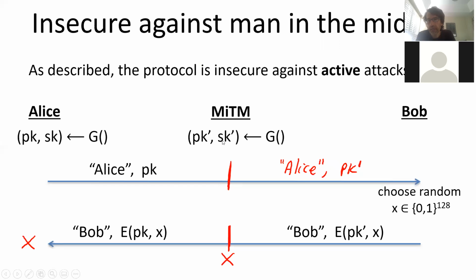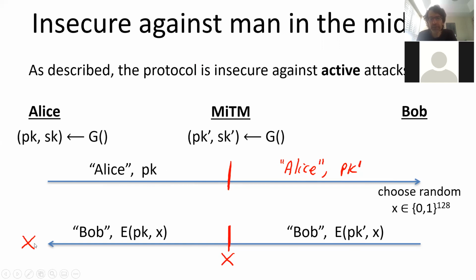Since the attacker has the corresponding SK prime, he will decrypt the ciphertext and get back this key X. And now the situation is even worse than in the Diffie-Hellman case, in a sense, because he can use the same session key and now encrypt it under Alice's key.